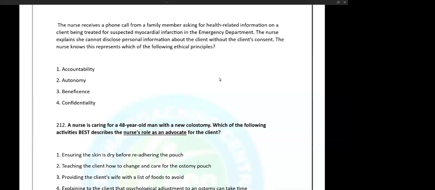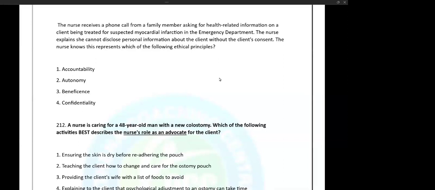When a person makes a decision by themselves, that is called autonomy. Beneficence means whatever activities are done should give some benefit to the patient, or the actions should be in the best interest of the client, based on the interest of the client.